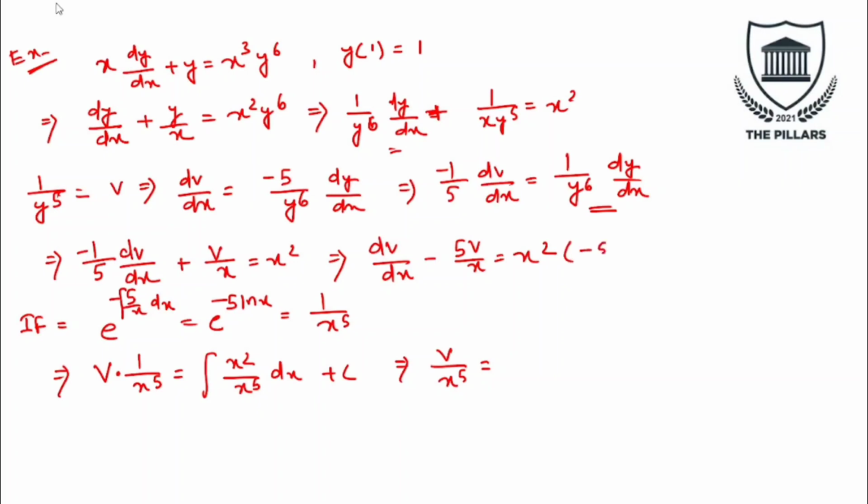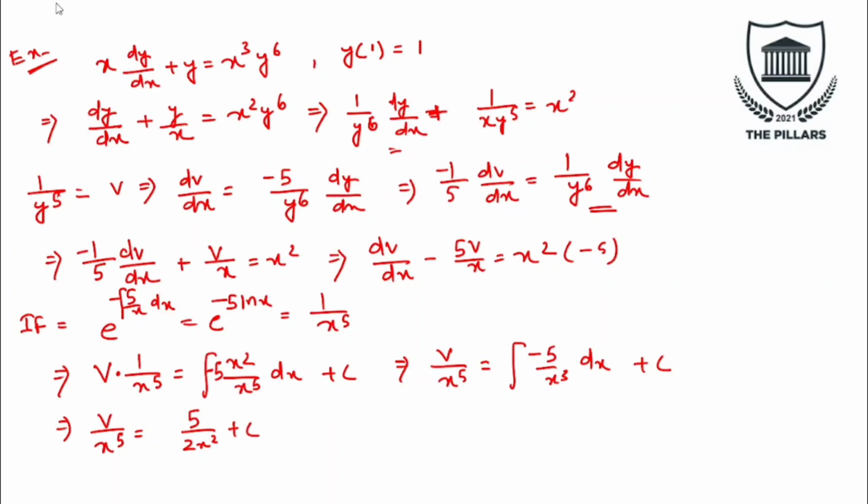Yeah, here minus 5. So here there is some minus 5 term also. So this becomes minus 5x cube dx plus c. Finally we will get v by x to the power 5 is equal to 5 by 2x square plus c.